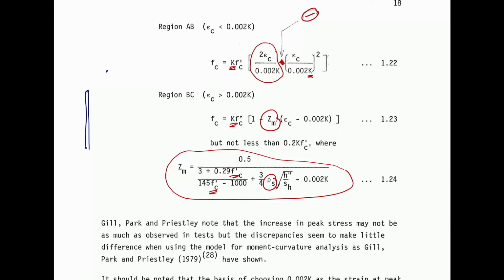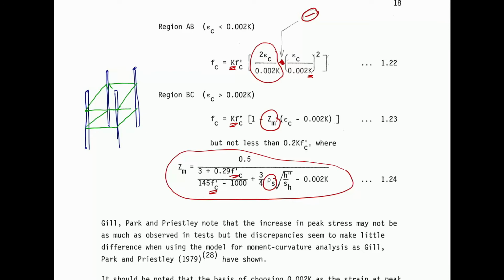So you have the rebar, the longitudinal ones, and you have the green line that represents the hoop.